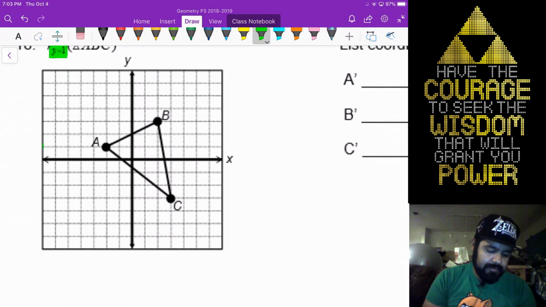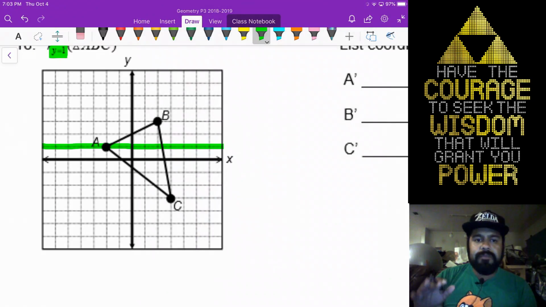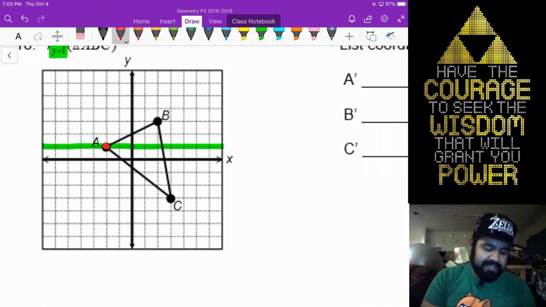Y equals 1. Perfect. Now, something to note, if the line of reflection goes through a point, that point stays on itself when the reflection occurs. So in other words, A is going to land on itself and become A prime. Yay.